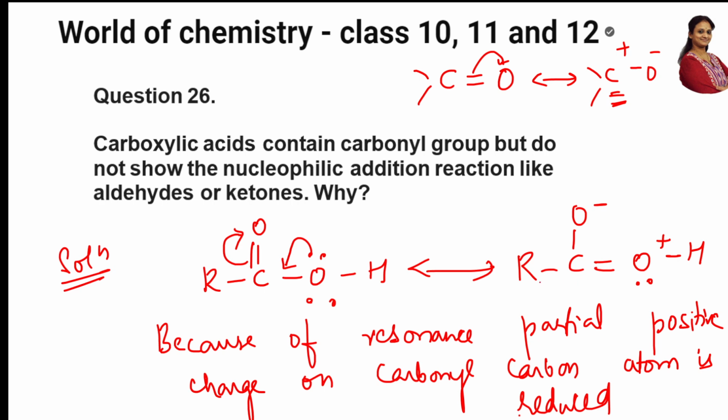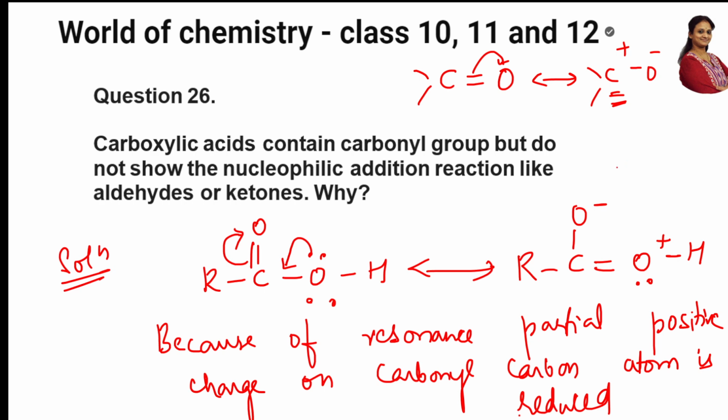That's why, in nucleophilic addition reactions, whatever nucleophile has to attack, will it go first to aldehydes or will it go first to acids? Because this is less electrophilic compared to the carbon in aldehydes and ketones, nucleophilic addition reactions do not take place much.